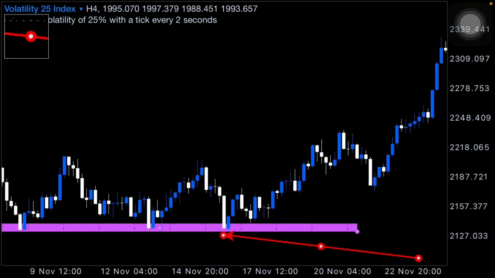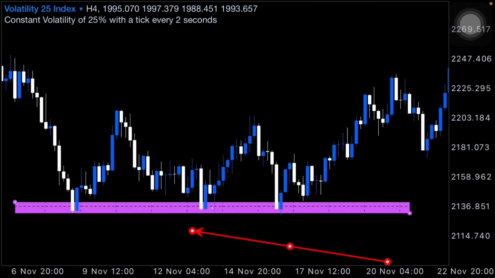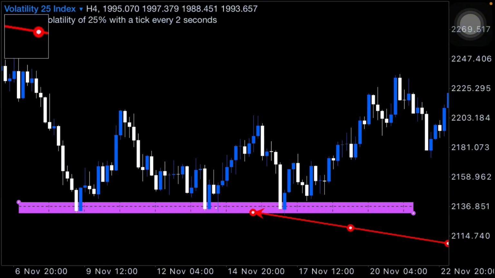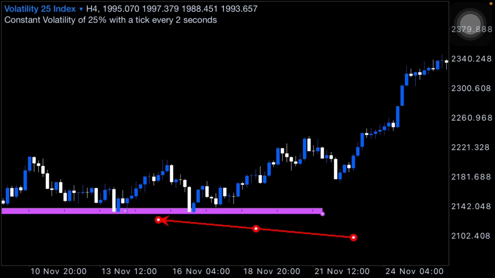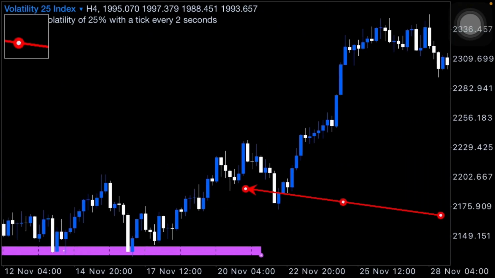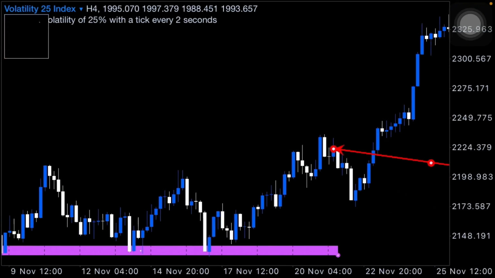Now let's come here. There is another one also here. As it comes back, it comes below these equal highs. That means it has taken out this liquidity. So whenever the liquidity is taken, the market will always move in with a huge impulsive move.